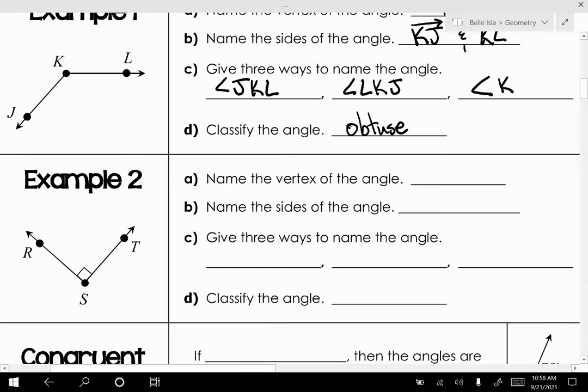Okay, what's the name of vertex A? Vertex of the angle. S. Okay. Name the sides. SR and ST. Yes.